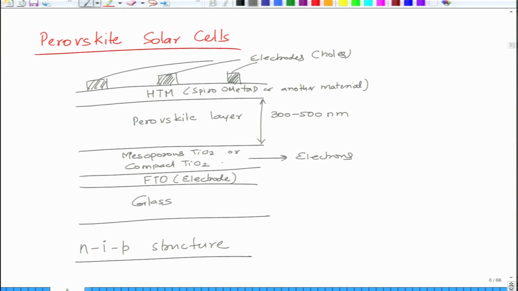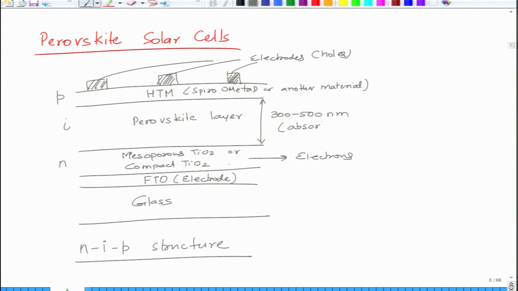So, you have N layer, you have I layer, you have P layer. So, this is N, this is I, this is P, just like amorphous silicon, where we had very thin layers of P and N type silicon on the two sides, in between we had intrinsic absorbing material. So, this perovskite is mainly the absorber layer. If you invert the configuration, then we get a PIN structure.